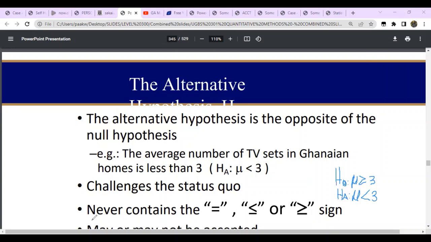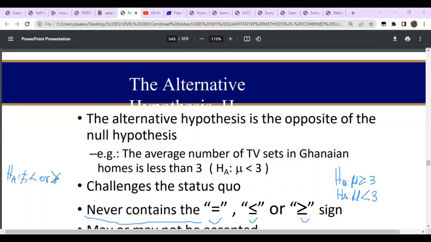The most important thing is that it never contains the equality sign: never equal to, never less than or equal to, never greater than or equal to. So for HA, we have not equal to, less than only, not less than or equal to, or greater than only. You get it?